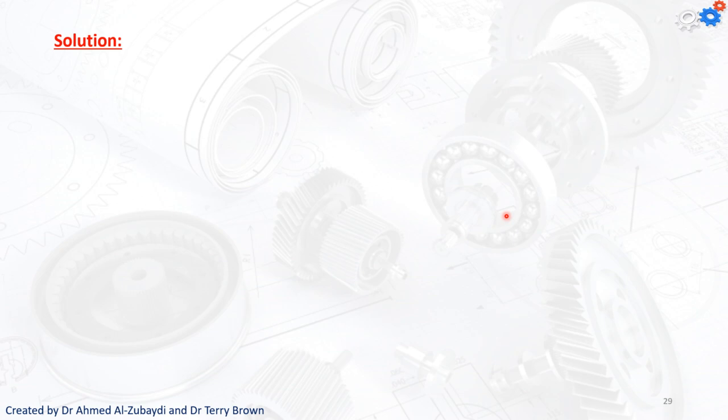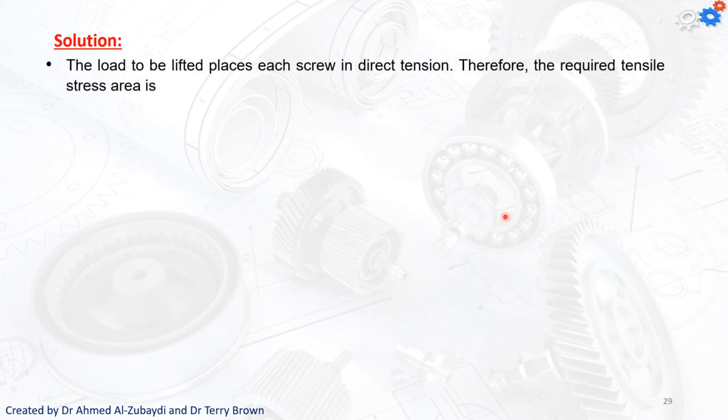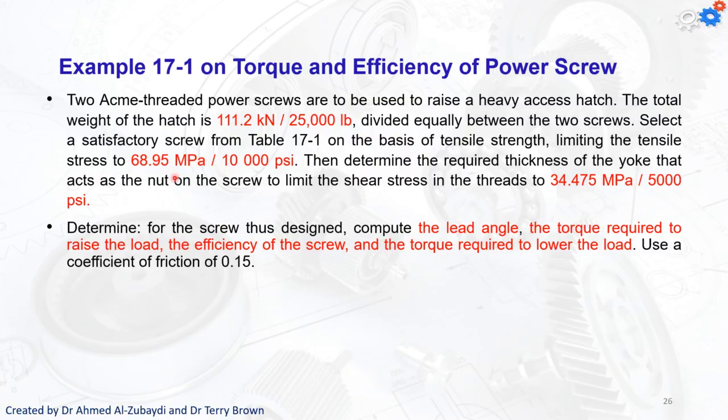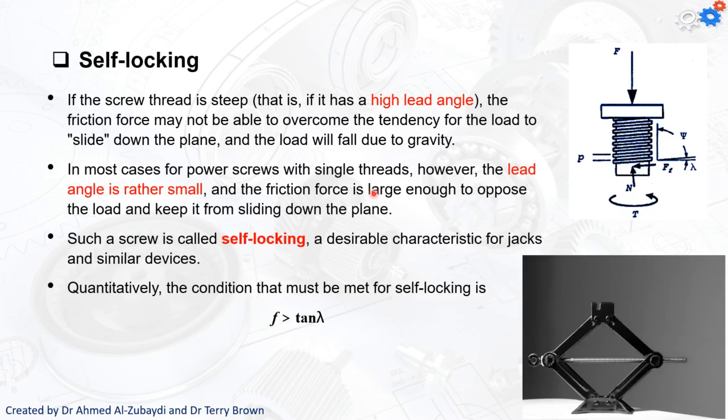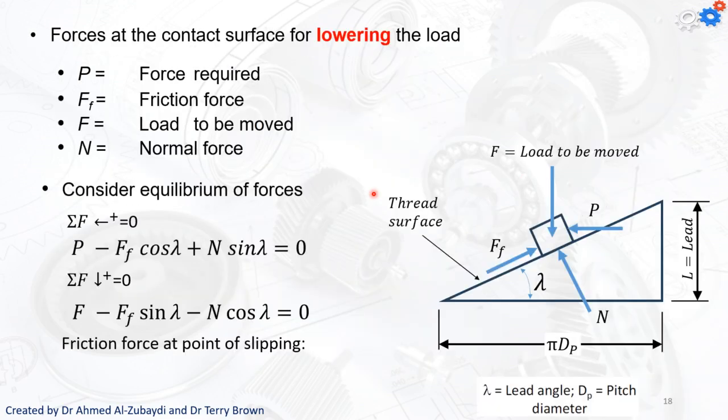Now the solution. First, the load to be lifted on each screw is in direct tension. Therefore, the required tensile stress area can be found directly. Going back to the question, we have the force, which is the load itself, and the limiting stress, so I can find the area.